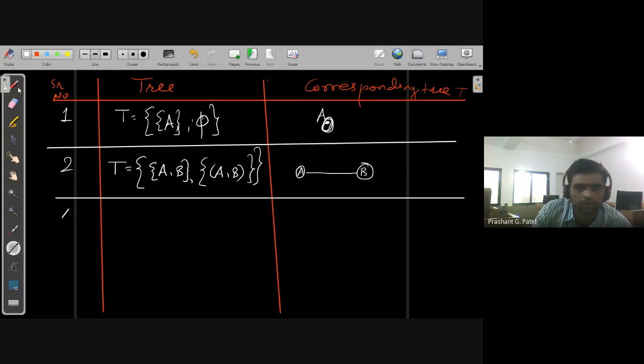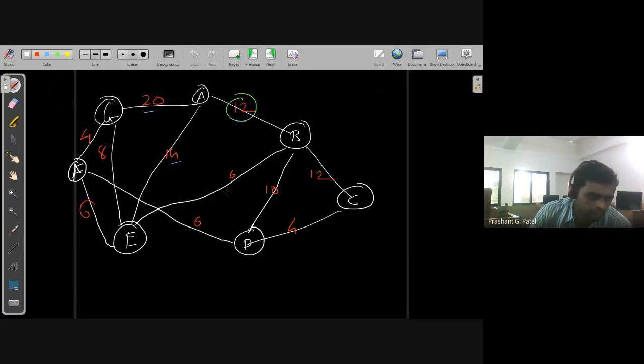Now third one. Now the minimum weight adjacent to B you have to find out. The 12 is already picked up. You have to pick now from the other three, that is 6, 10, 12. The minimum one is 6.